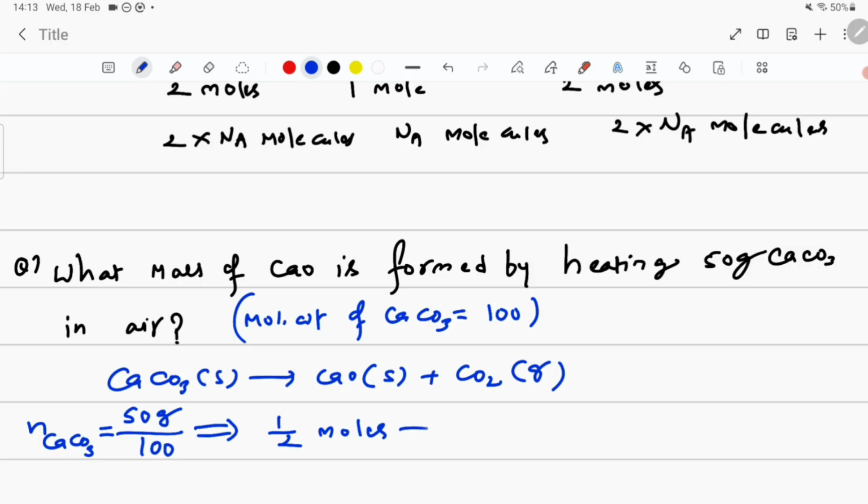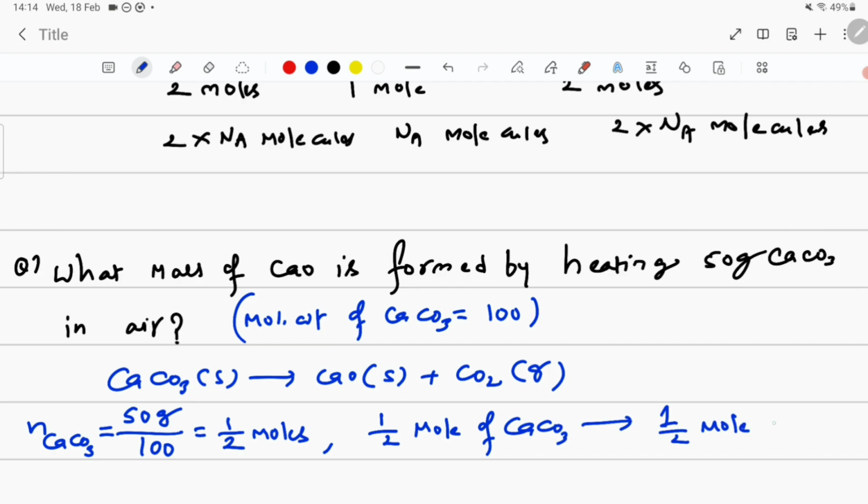But here we need to find the mass of CaO. Whenever they ask for calculation of mass, it is moles into molecular weight. Here we got 1 by 2 moles. According to the question, 1 mole of CaCO3 can give 1 mole of CaO. So half mole of CaCO3 will give half mole of CaO.